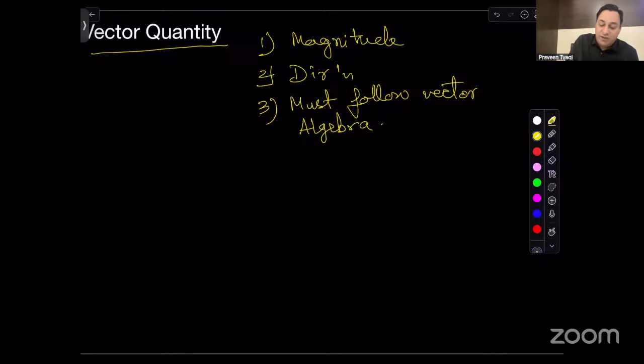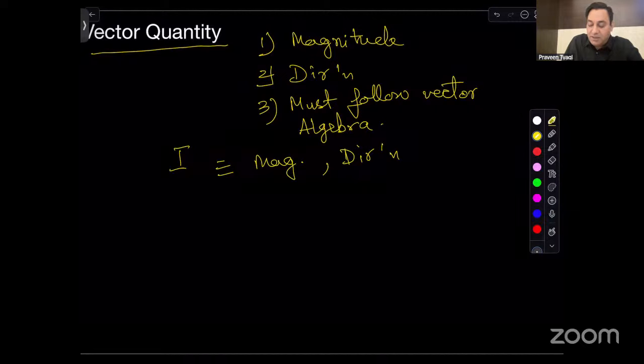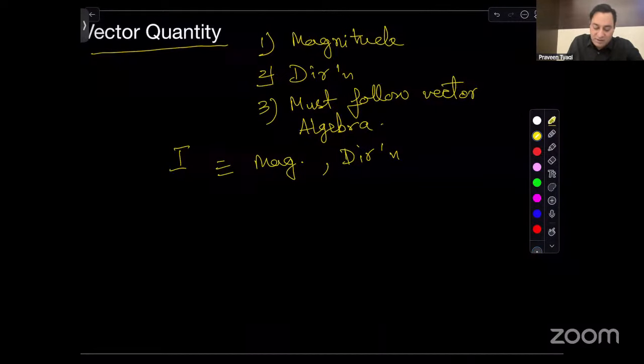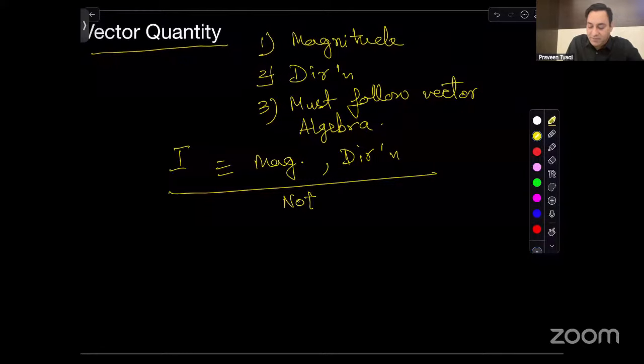Why were the first two not enough? Because current has magnitude, current has direction, but it is not a vector quantity.